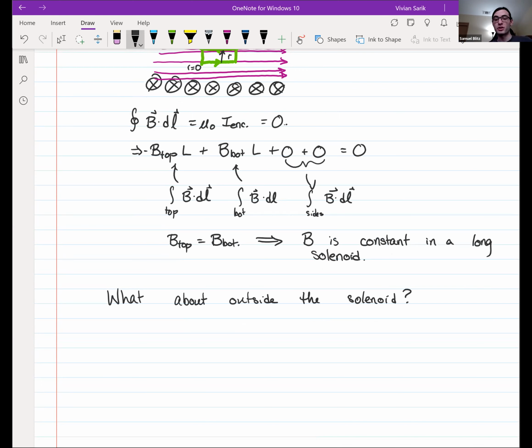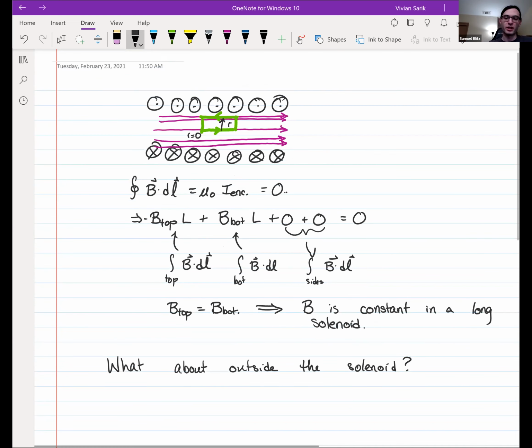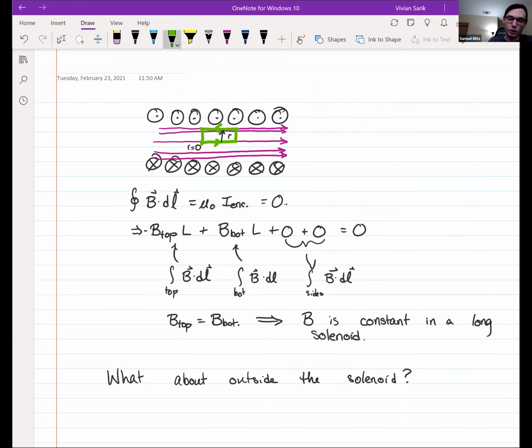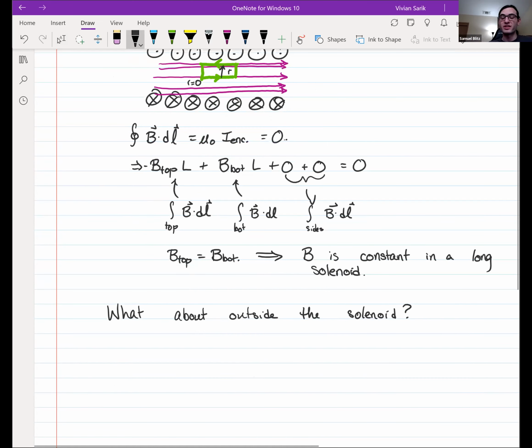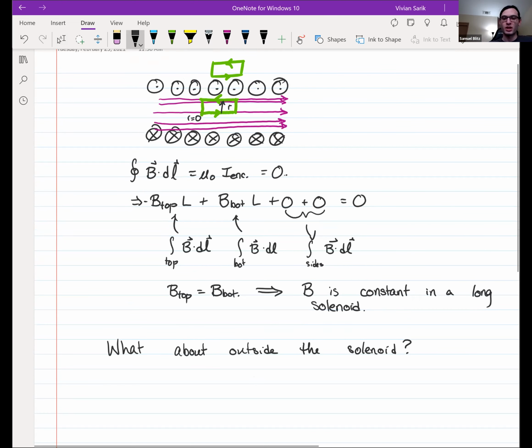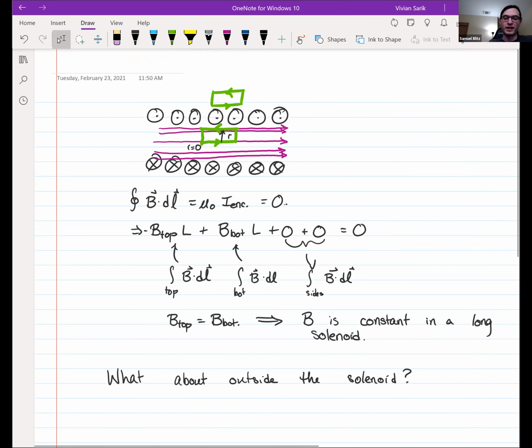We also can establish that the magnetic field is, just by doing the same sort of picture, just a different loop out here, we can also establish that the magnetic field has to be constant outside the solenoid for the same reason. There's no enclosed charge, and so the magnetic field here has to be the same as the magnetic field there, because then they cancel out.